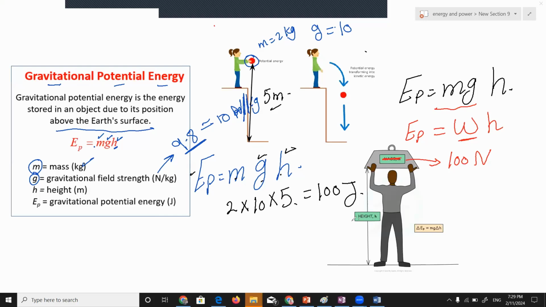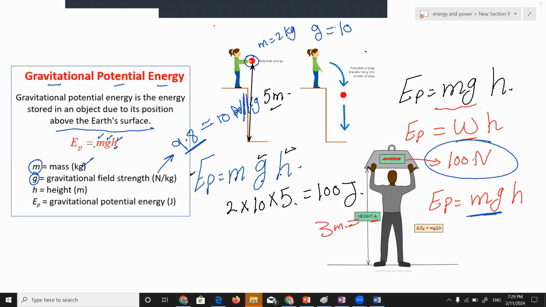And the height equals 3 meters. Then I ask about the gravitational potential energy. In this case, we know that it's mg times height. But remember, mg is the weight, and the question already tells you the weight of the object.